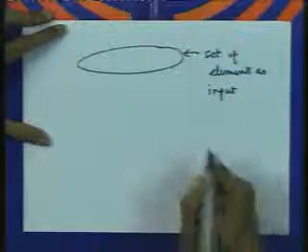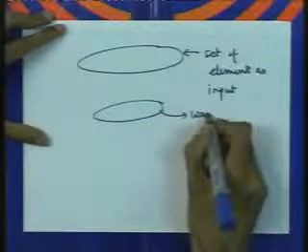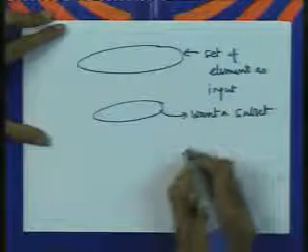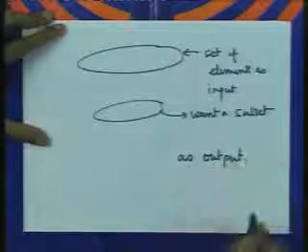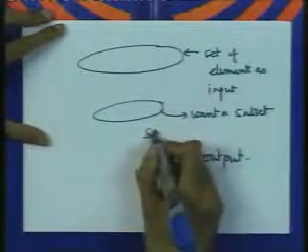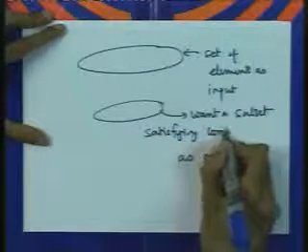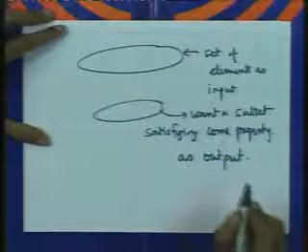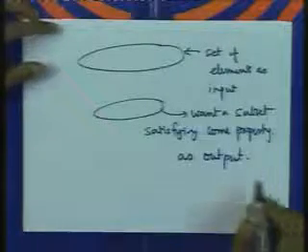Okay, you want a subset as output, and usually you want the subset to satisfy some property. Okay, so this is how the problem looks.